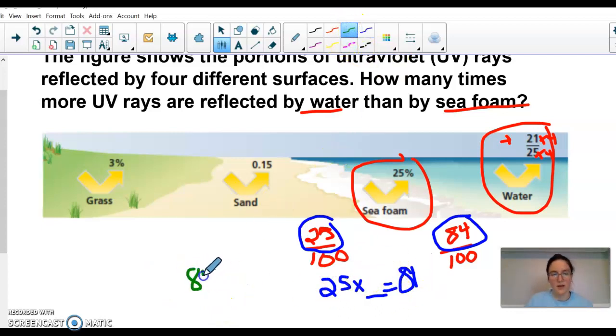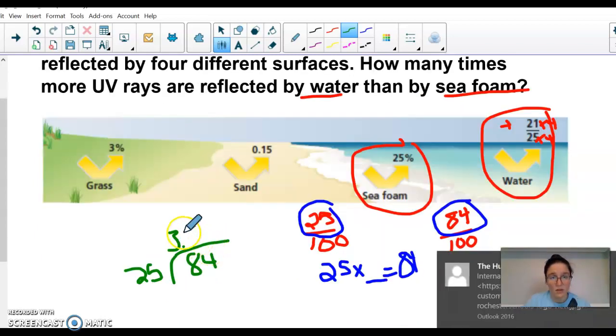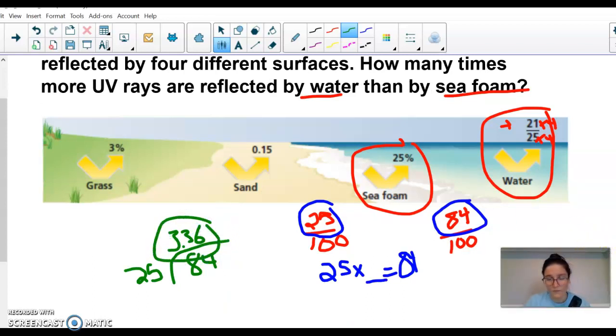So you're going to figure out 84 divided by 25. If I use my handy dandy calculator, because we can use our calculators now, 84 divided by 25 is 3.36, which rounds to, does it say round? So we're going to leave it as 3.36. And that's how many more times the water is reflected than the sea foam.